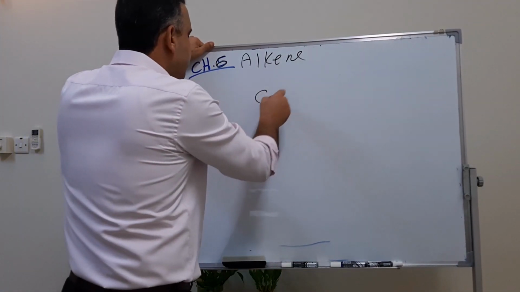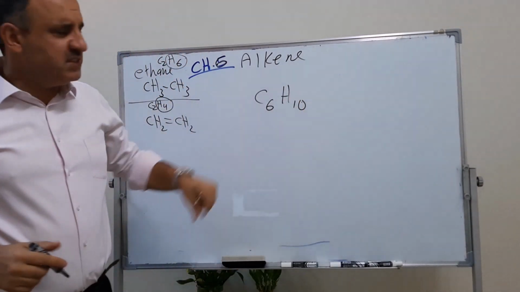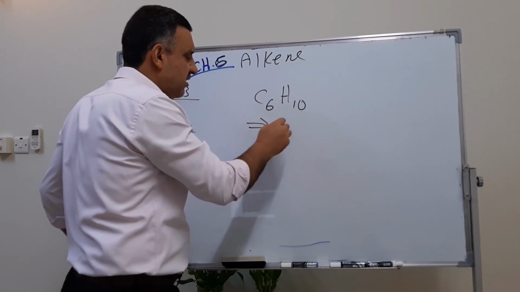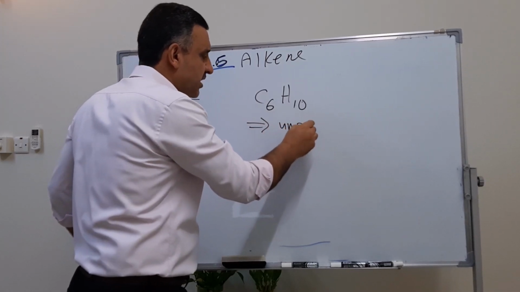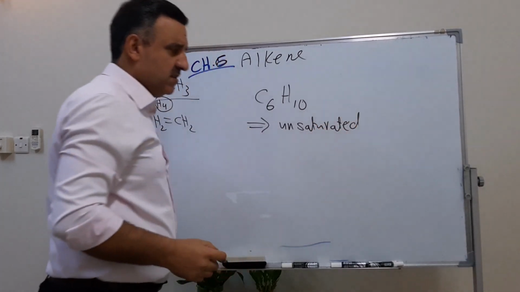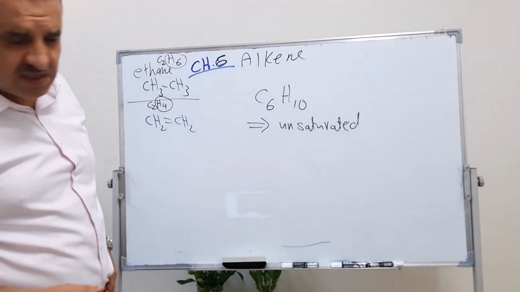If we are talking about a compound C6H10, first of all, once we see this formula, we must conclude that this is most likely to be unsaturated. Why must this formula be unsaturated?